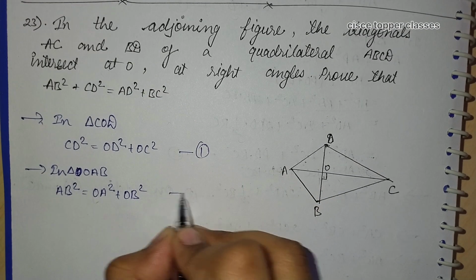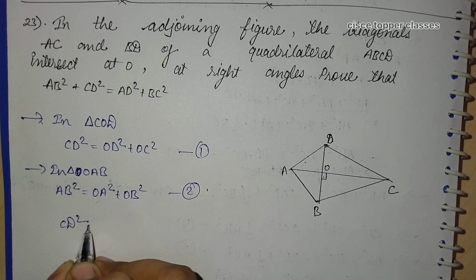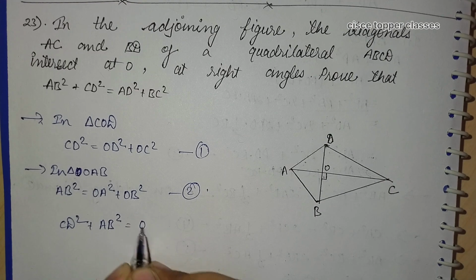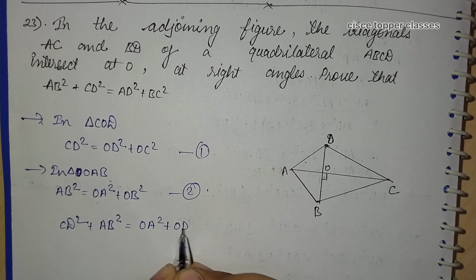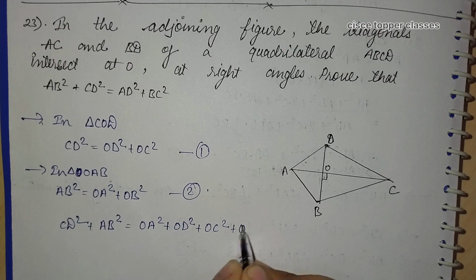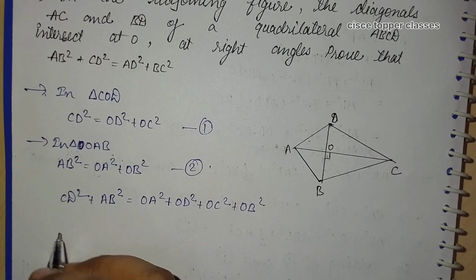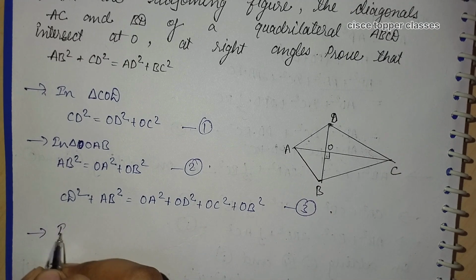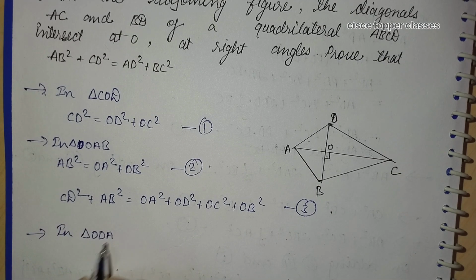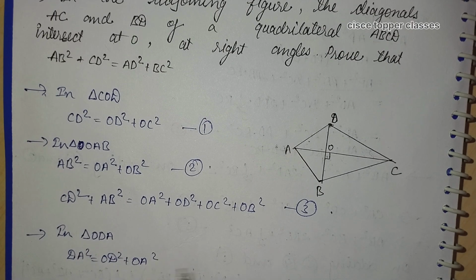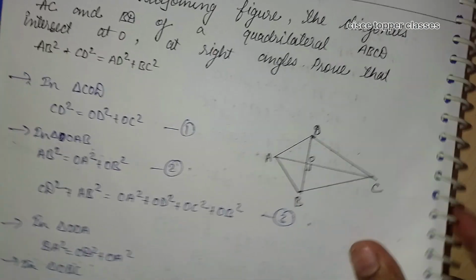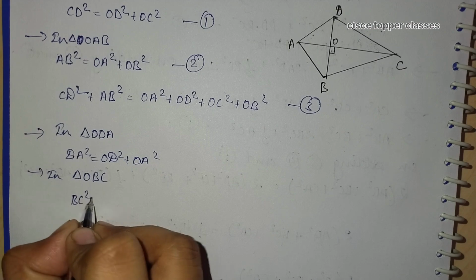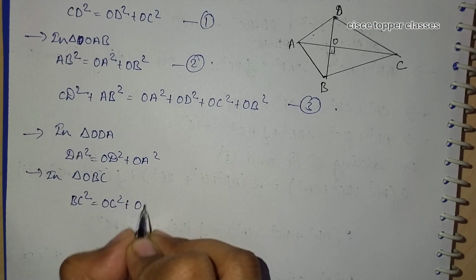Now we will add these two equations. On adding, we will get CD square plus AB square is equal to OA square plus OD square plus OC square plus OB square. Let this be the third equation. Again in triangle ODA, DA square is equal to OD square plus OA square, and in right angle triangle OBC we can write BC square is equal to OC square plus OB square.